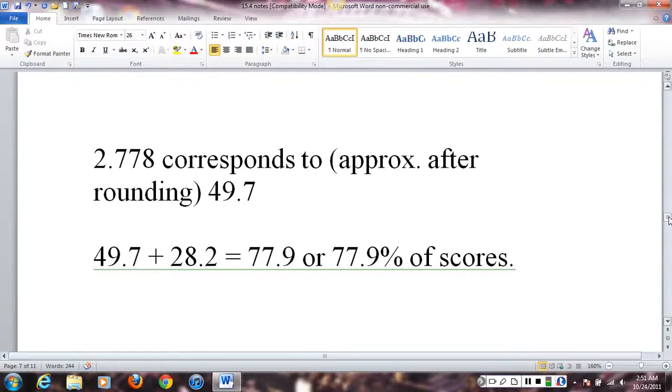So you can safely say the bulk of the class scored between a 69 and an 85. And you can see one of the uses of this kind of analysis. Again, between the scores of 69 and 85, about 78% of this class fell between those two scores.